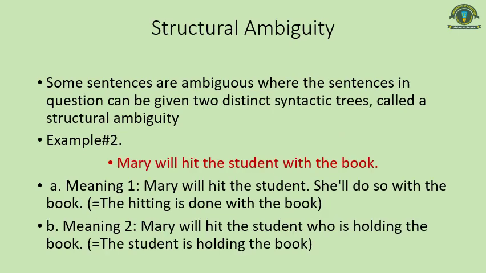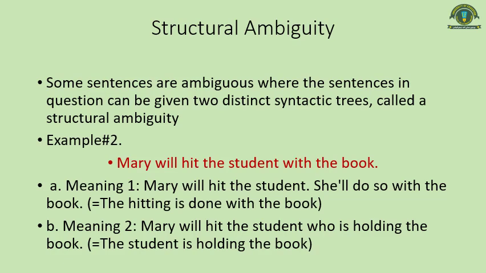Now, what is structural ambiguity? Some sentences can be ambiguous without containing any ambiguous word, the way the case was in the previous example.